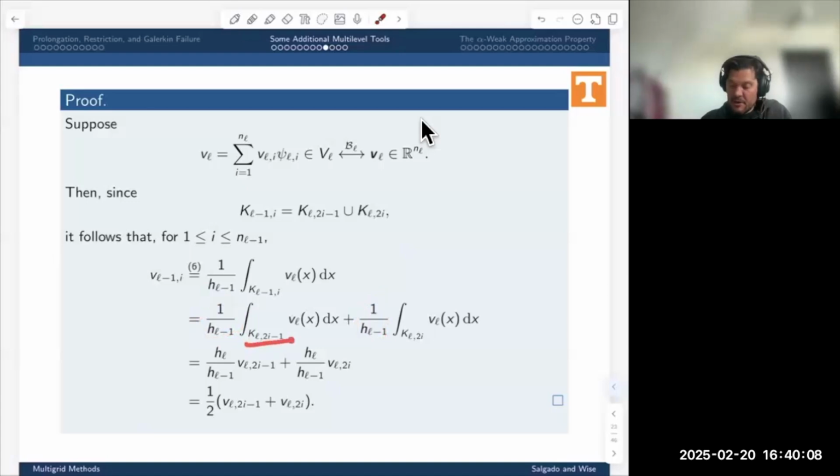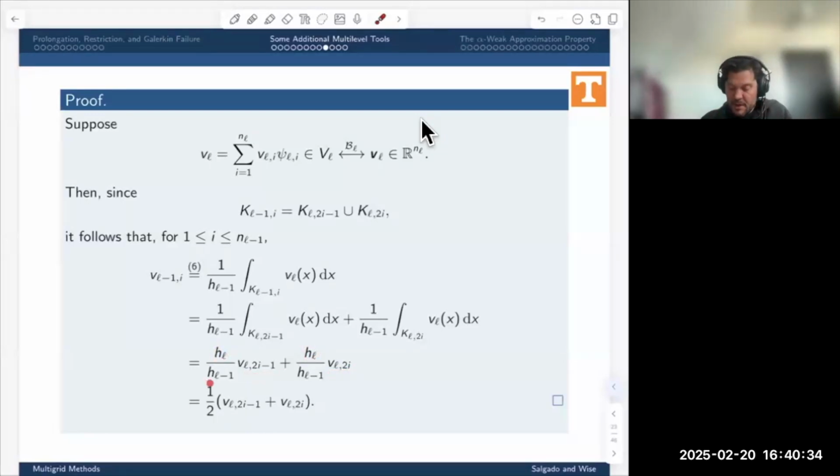When I do this calculation of this integral, I get the value of V_L on that particular cell, and the value of V_L on this particular cell, times the length of the cell, which in the fine grid is H_L. So here are the two values that I get, and the two lengths of the cells that I get.